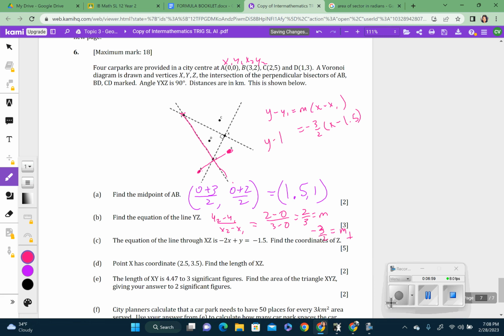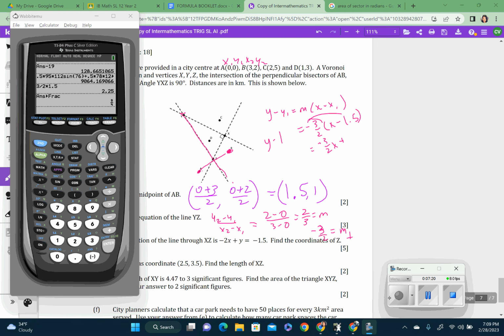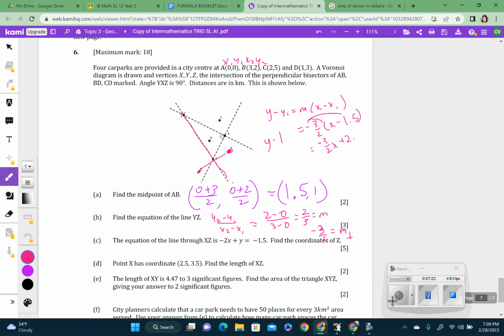So I can take this and it says find the equation of the line. We want to take this and write this better. So we could just distribute this right here. So I get negative 3 over 2x plus, if I put that into the calculator, I get 2.25. So 2.25, and this is y minus 1.